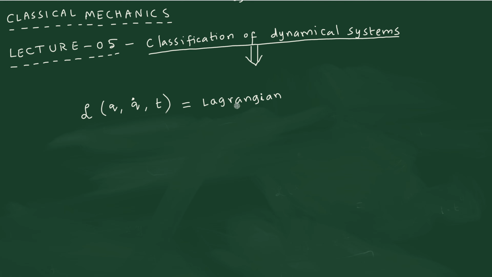Because of that, we are interested in classifying the dynamical system based on the way in which these things appear, especially when a particular dynamical system is independent of time. So let me erase this portion also. We can make at least 2 classifications like this.